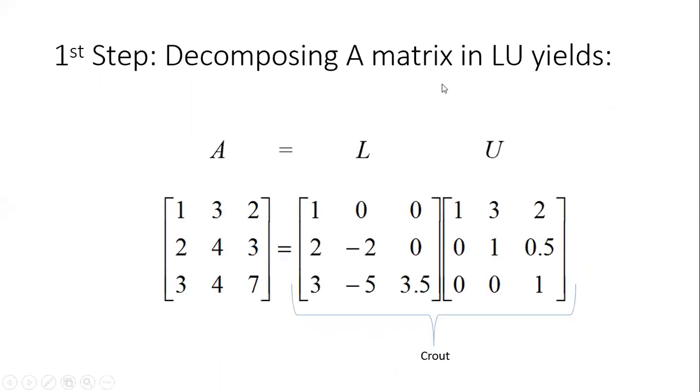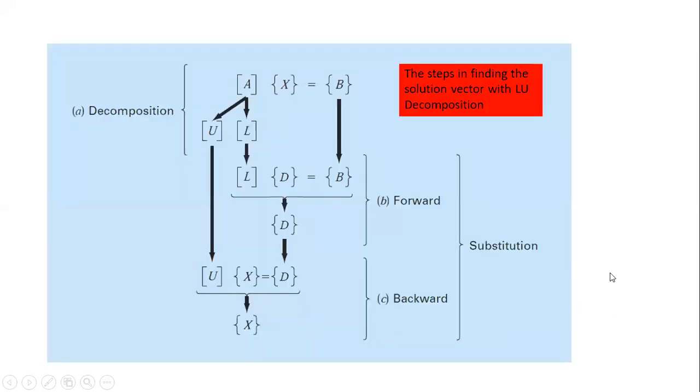So yung first step is to decompose yung A natin matrix into LU. This will yield us this equation in matrix form using the function of Crout. And for the decomposition, yung form natin initially is AX equals B, no? And we actually decompose this A as L times U, and we let the variable D represent yung product ng UX.